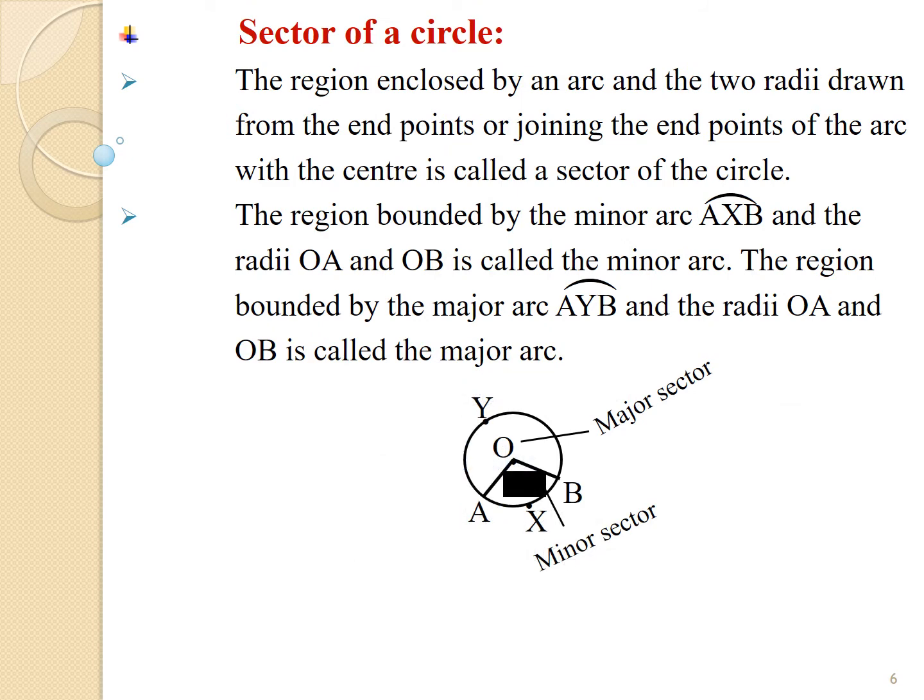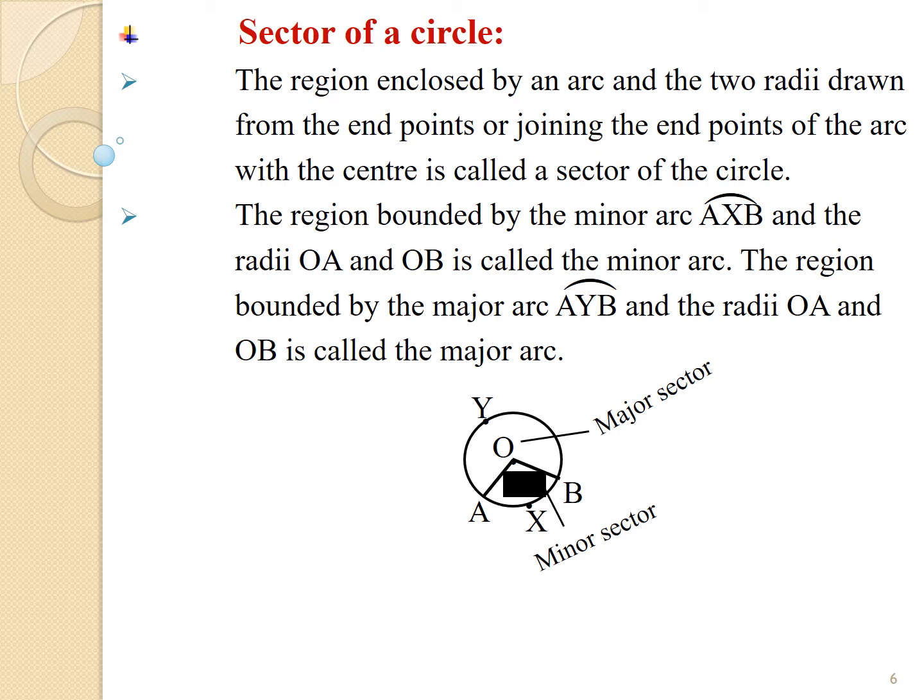Sector of a circle. The region enclosed by an arc and the two radii joining the endpoints of the arc with the center is called a sector of the circle.